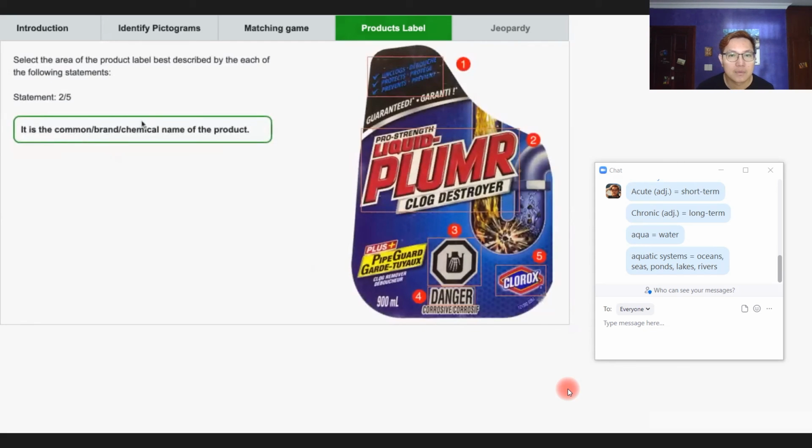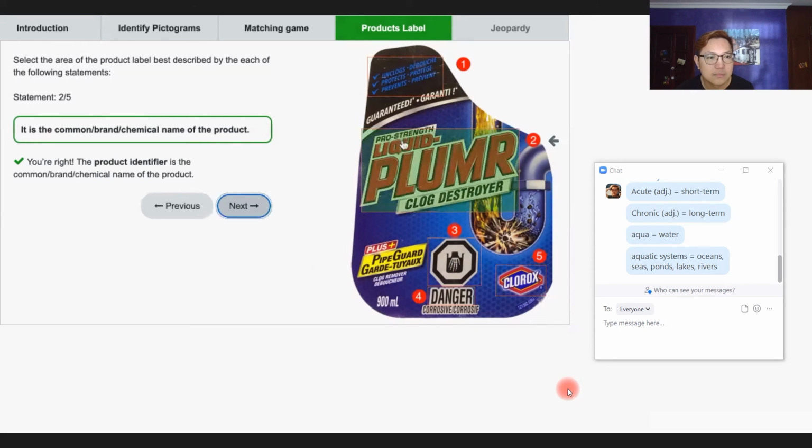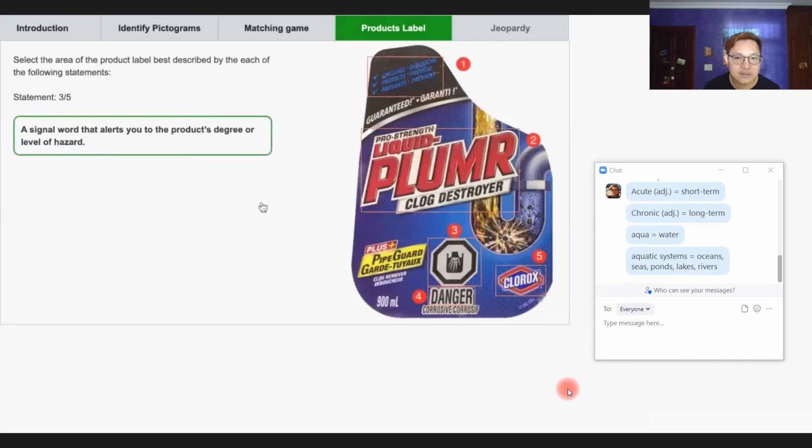Next, it is the common brand chemical name of the product. Pro strength liquid clog destroyer. Corrosive. A signal word that alerts you to the product's degree or level of hazard.